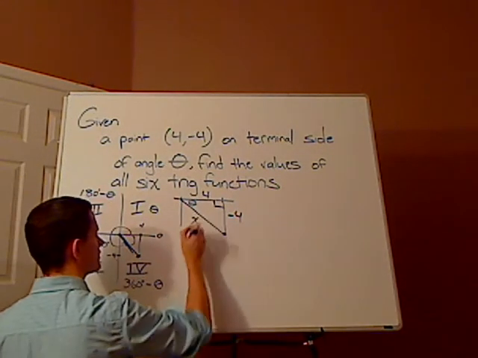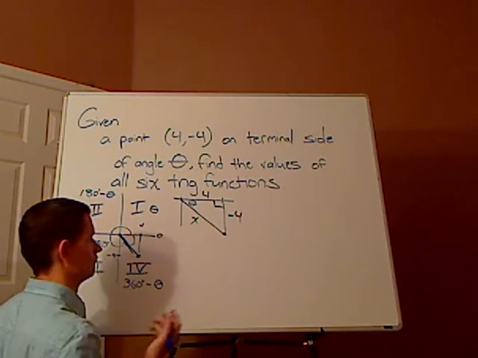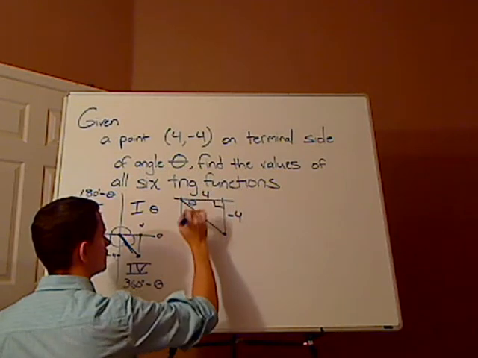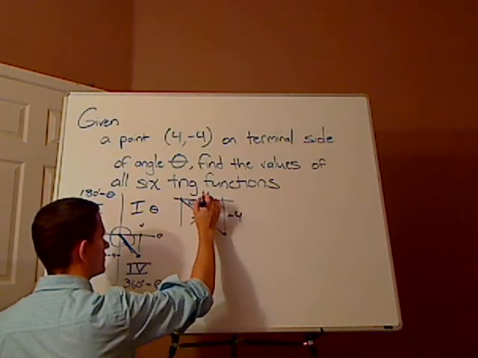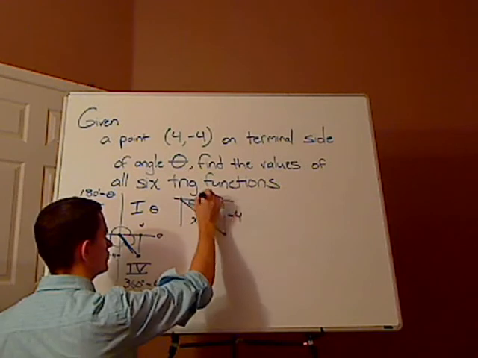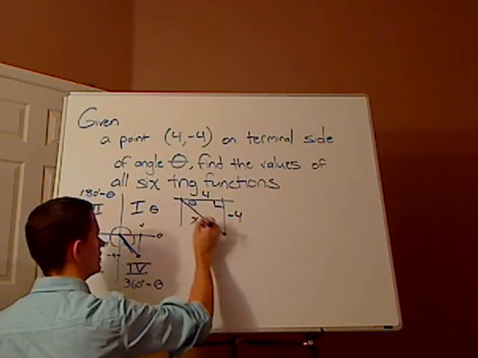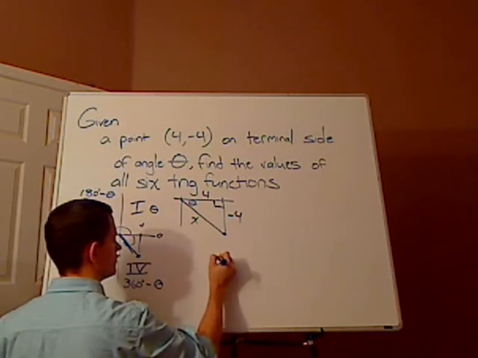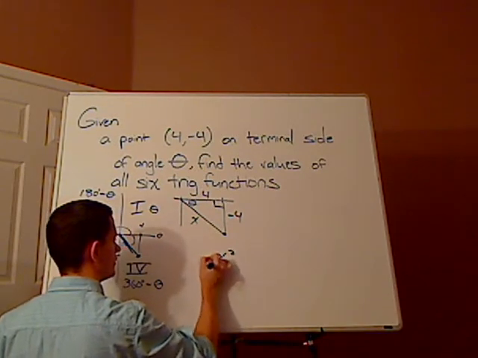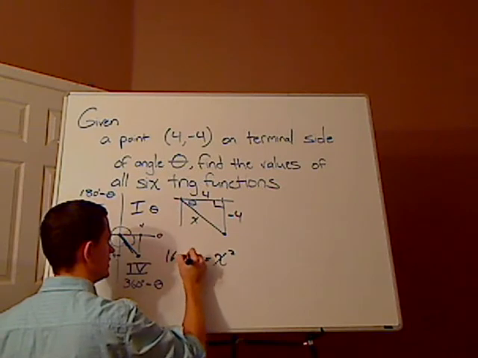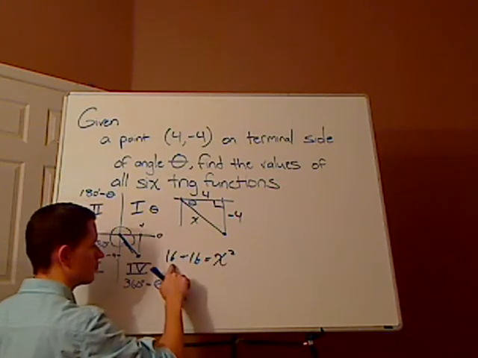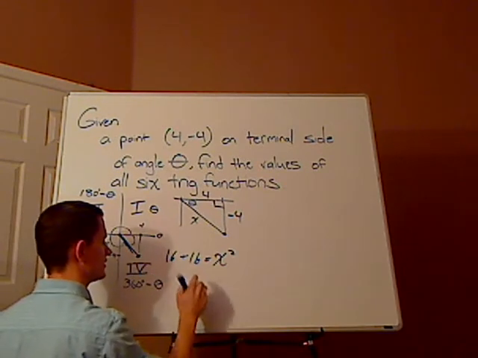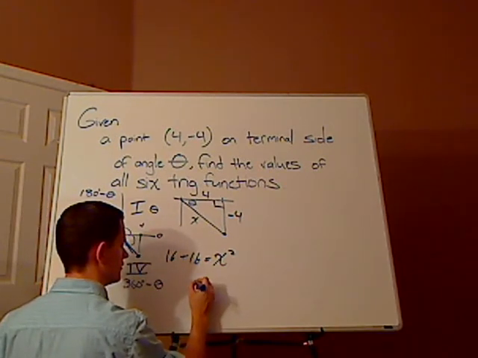So let's label this x, because you just love using x's. So these are the legs. The sum of the squares of each leg equals the hypotenuse squared. So that's going to be x squared equals 16 plus 16, 4 squared and -4 squared. 16 plus 16 gives you 32.